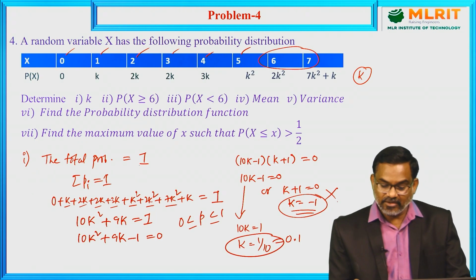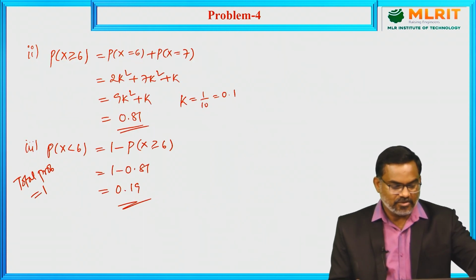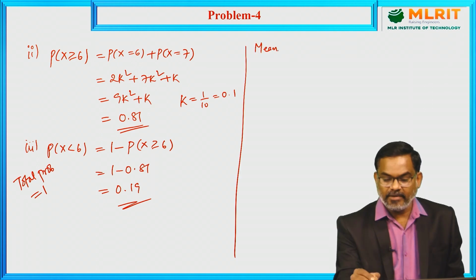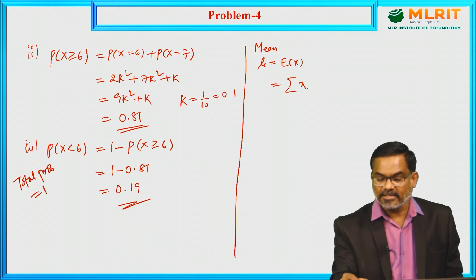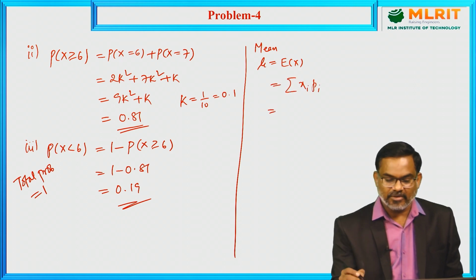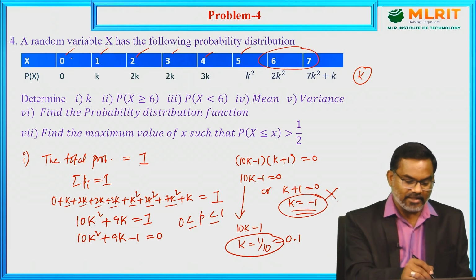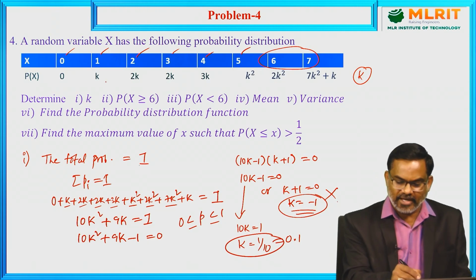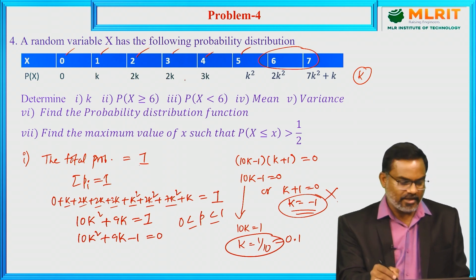And coming to the fourth one, we need to find the mean of the probability distribution. To find the mean, mu equal to expectation of x, which is sigma xi into pi. So if you add all such values, xi into pi: 0 into 0 plus 1 into k, k is 1 by 10, 2 into 2 by 10, 3 into 2 by 10, and so on.